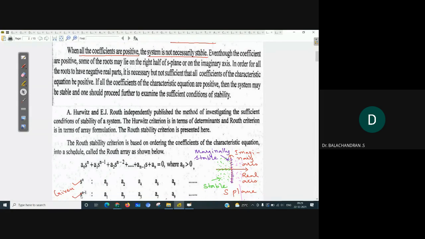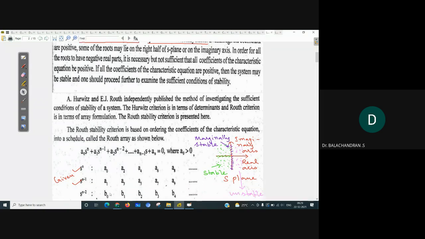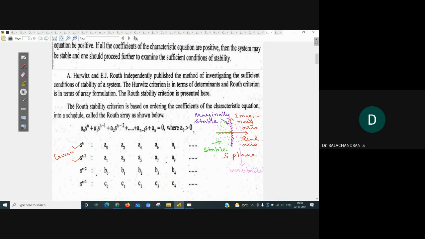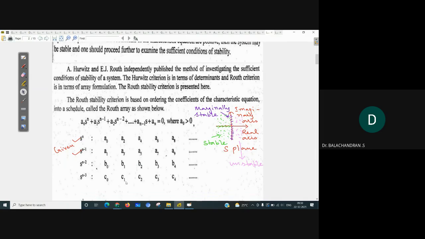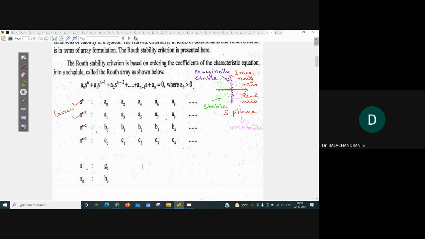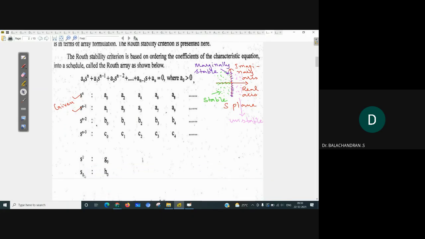And in s power n minus 1, you should write a1, a3, a5, a7, a9, and so on. The remaining rows, s power n minus 2, n minus 3, how to find them, I will tell a little bit later. The first two rows you can write from the given polynomial, and you should go up to s power 1, s power 0.